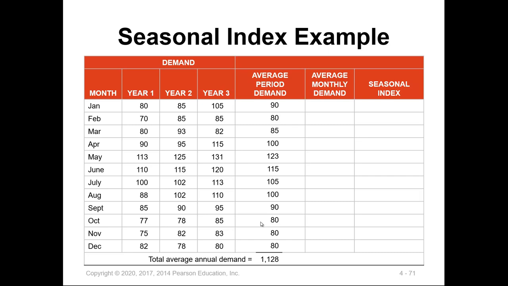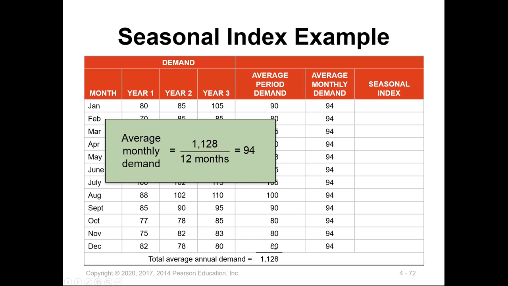So we first find the average historical demand for each month, by adding the 3 years for that month, January, for each year, and then dividing by 3, we get 90. Then we do the summation of these averages, and the summation came out as 1128.